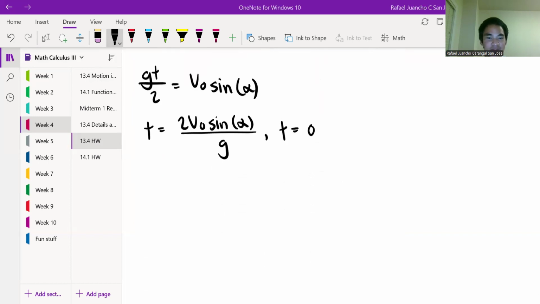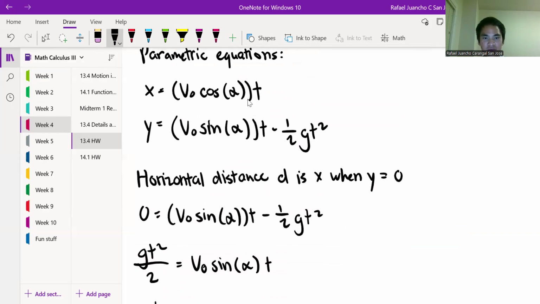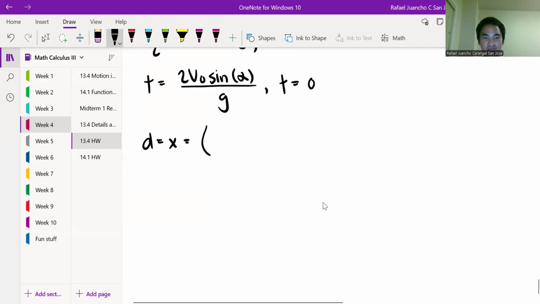Nice. I'm going to keep the solution there because I forgot to keep it in that previous video. Then we're going to use this value here just to make it as general as we can. So here we say, my d is just my x when v naught cosine alpha times t.